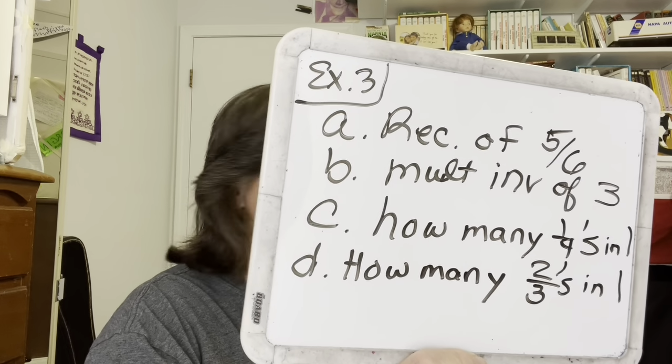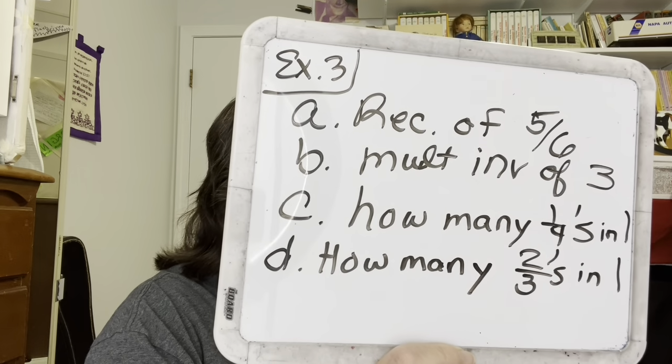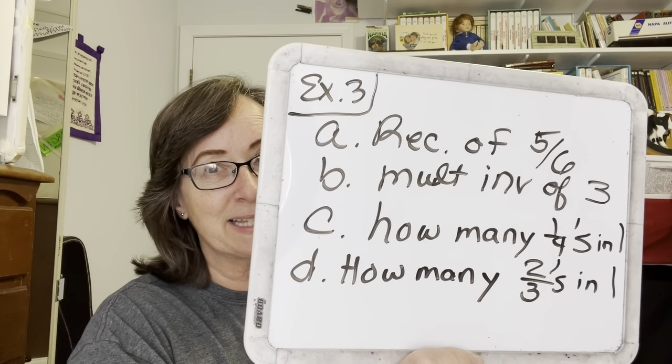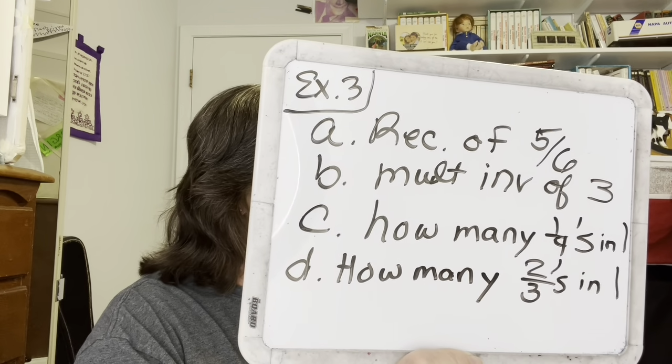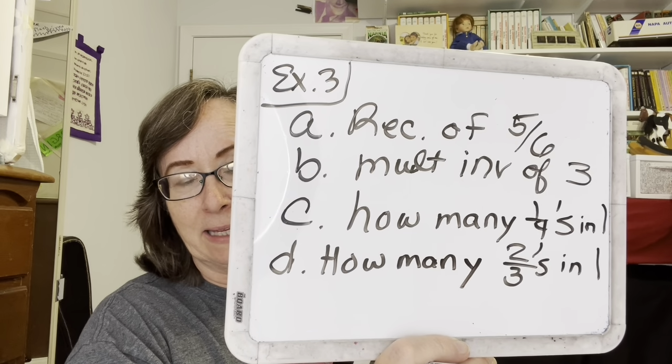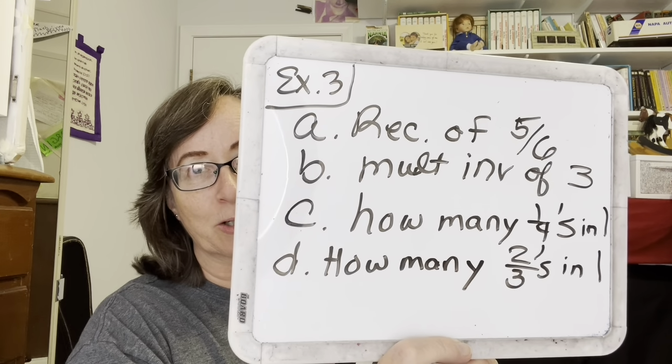Okay, now, example 3 has something to do with reciprocals and multiplicative inverses. Okay, so everybody get example 3 ready. So up above example 3, it tells you that a reciprocal is what you multiply one fraction by to get 1.